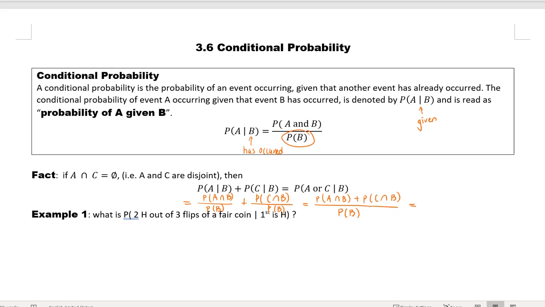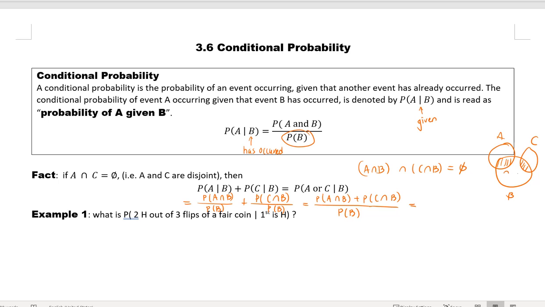Because A and C are disjoint, we know A and B and C and B are also disjoint. Why is that? Okay, think about it. This is A, this is C. They're disjoint, right? If we have another B, then you can see A and B and C and B are also disjoint.